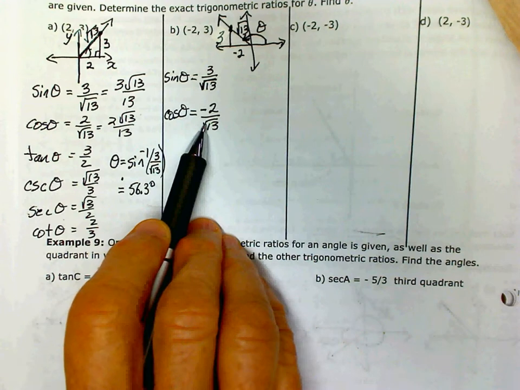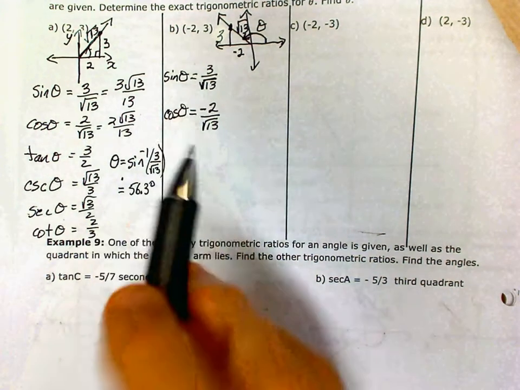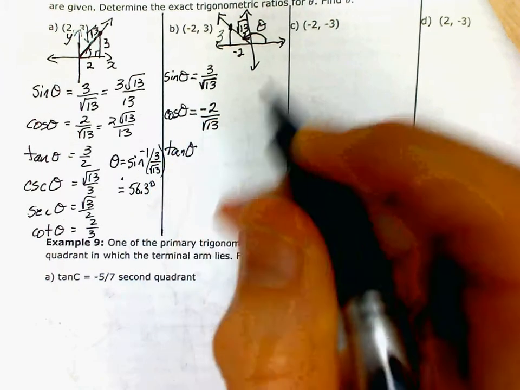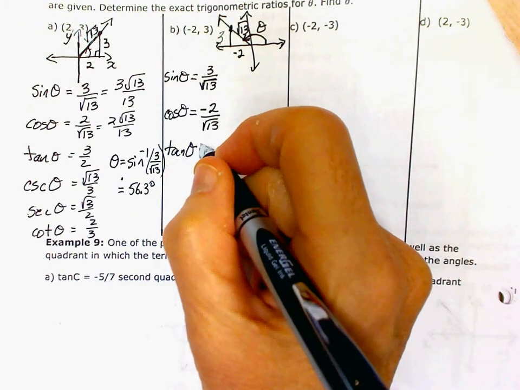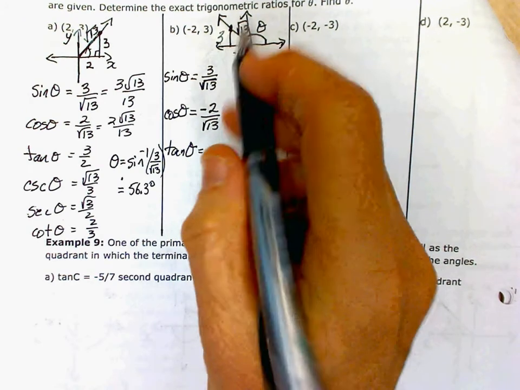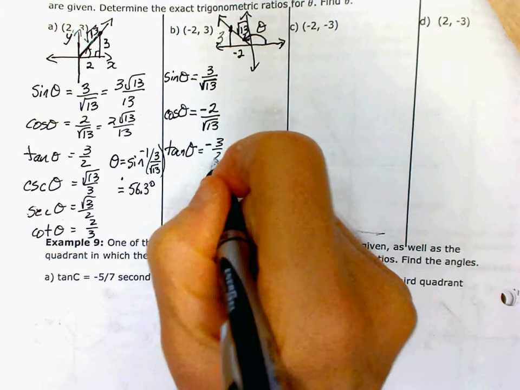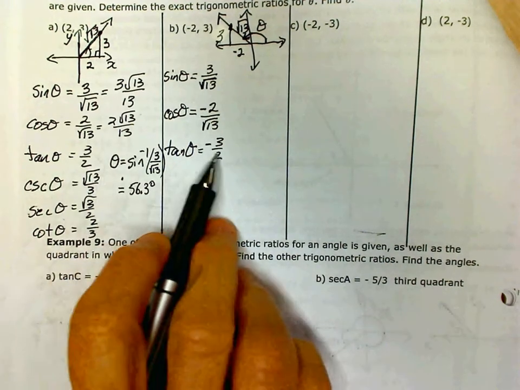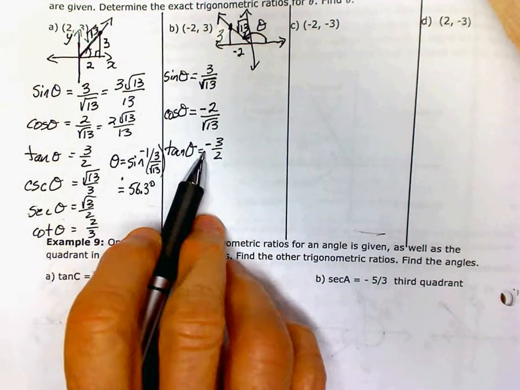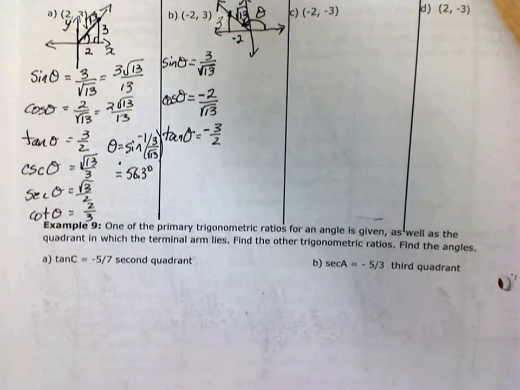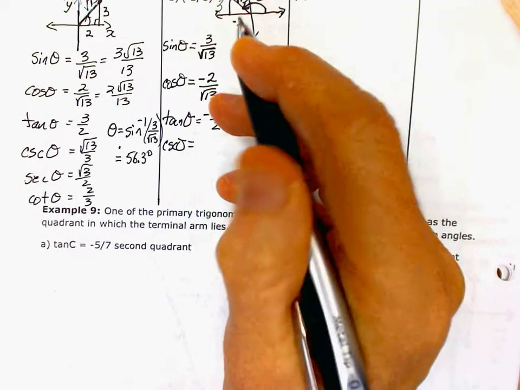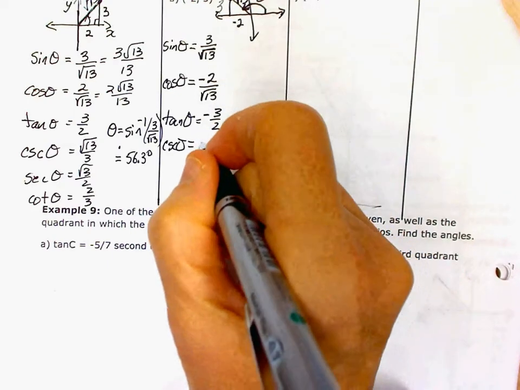Okay? Tan theta is equal to opposite over adjacent, which is -3/2. Notice, same magnitude, difference in sign. Cosecant theta is the reciprocal, √13/3.